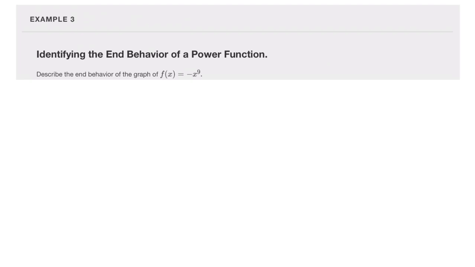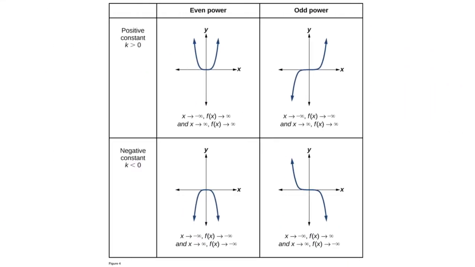I'm going to go a little bit deeper. This is actually leading into a concept called the leading term test, right? We essentially still have these four characteristics going on. With the leading term test for polynomials, the first case is when the degree of the polynomial is even times a positive leading coefficient.